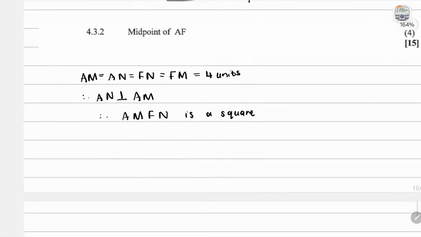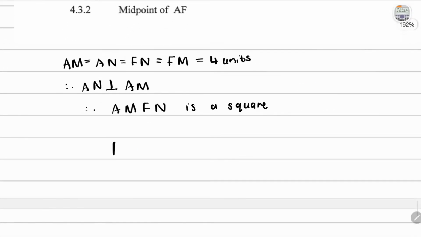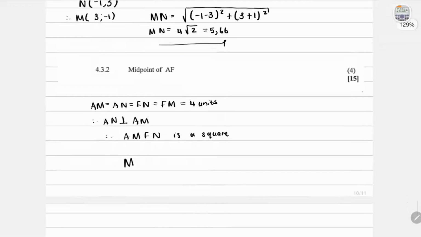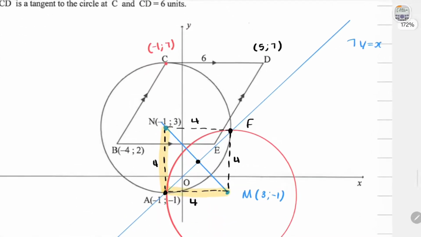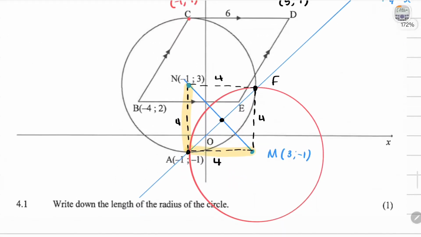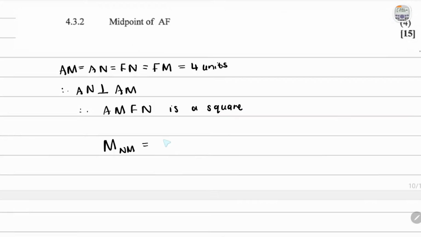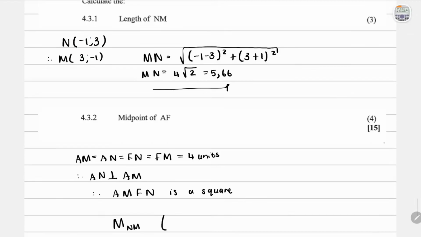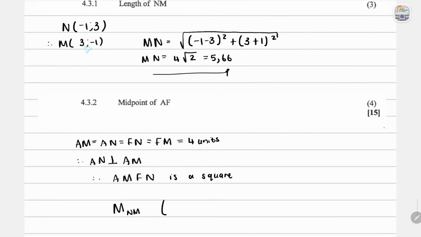So now we can just focus on finding that midpoint. So we're saying that the midpoint of course, we were referring to the midpoint of AF, but of course we don't have F. So to find that midpoint, we'll use the midpoint of NM. So that is equal to x2 and x1, and we're going to just use it there. So that is, let's just say bottom plus top. So that's 3 plus -1, which is -1 over 2, and -1 plus 3 over 2.